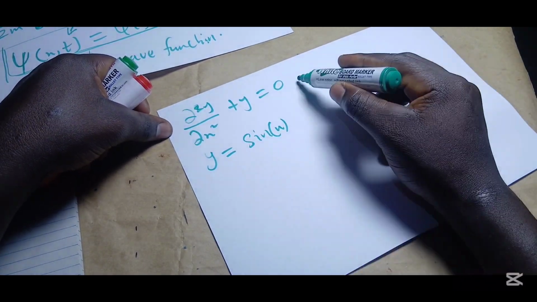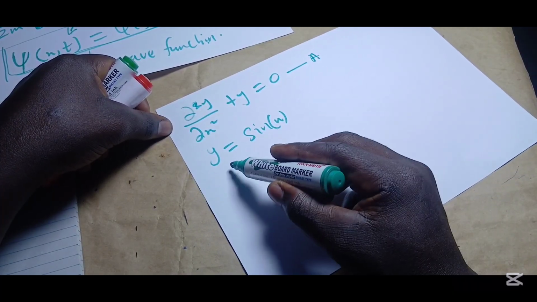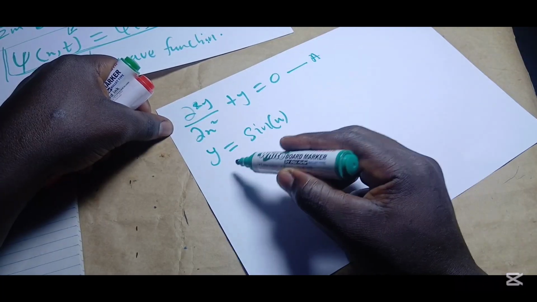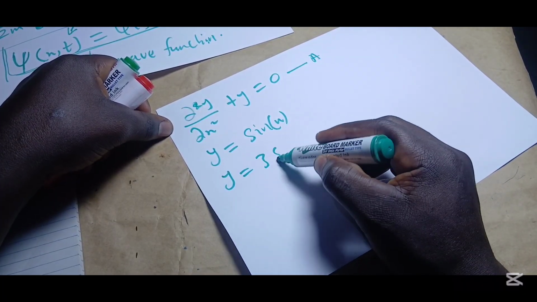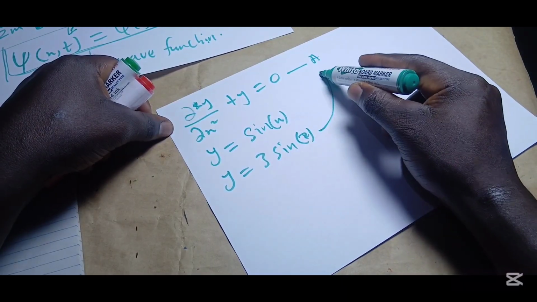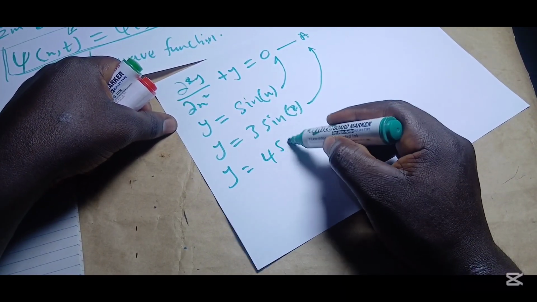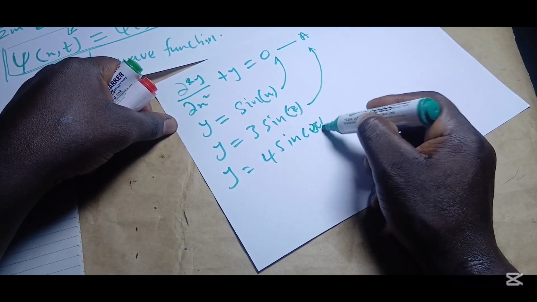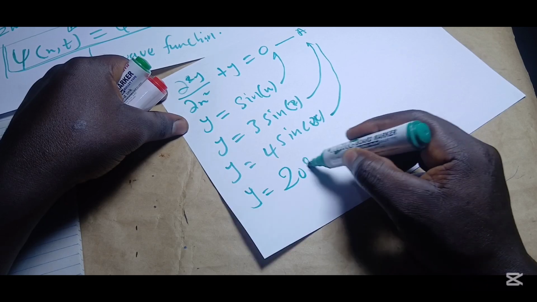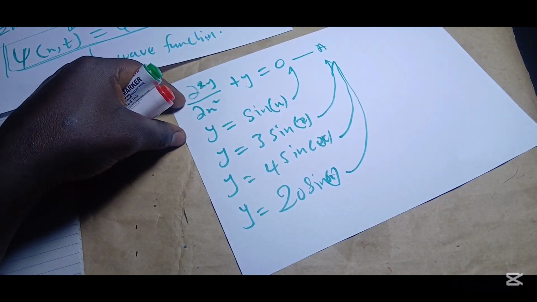So this solution, y equals sine x, if we multiply it by another constant, will be a solution of this same equation. So y equals 3 sine x would also be part of the solution. Y equals 4 sine x would be part of the solution. Y equals 20 sine x would be part of the solution.